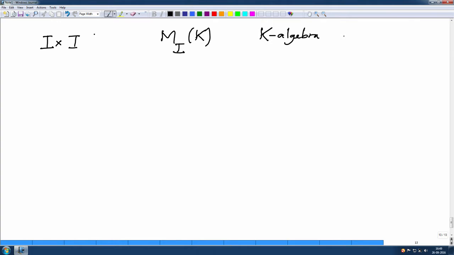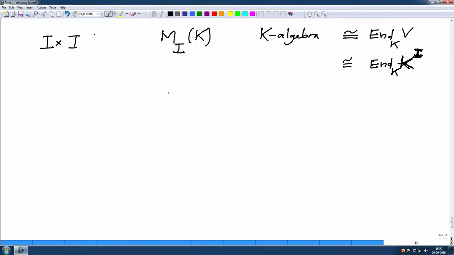This is a k algebra, and this k algebra is isomorphic as an algebra to End_k(V), where V is a finite dimensional vector space with a basis numbered by I. Or you can also think more concretely, this is isomorphic to End_k(k power I), this vector space k power I. This is the standard model for a vector space which has a basis numbered by the set I. Okay. This is a k algebra.